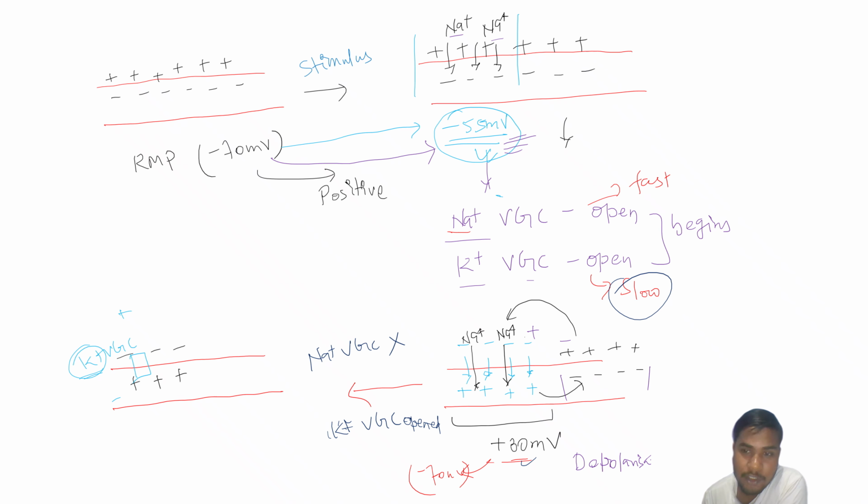The same case is happening here. Potassium ion, due to the opening of this potassium ion VGC, will leave the membrane from inside to outside. So this is the case when outside is now going to be positive, because of the movement of potassium ion from inside to outside.